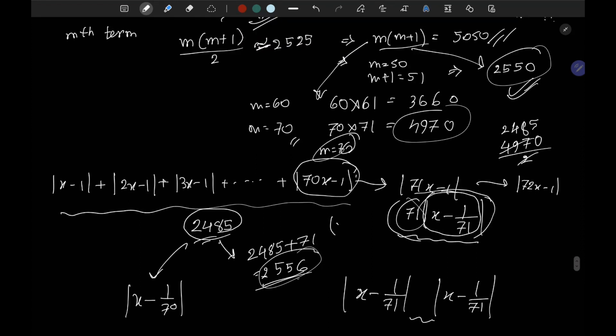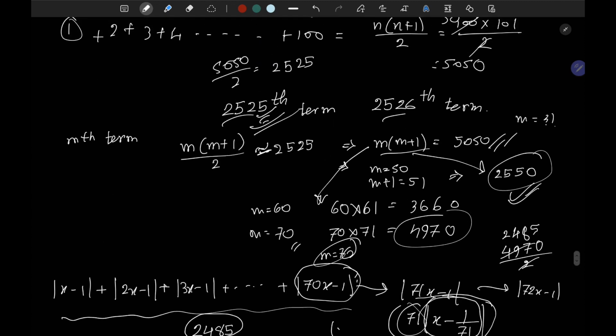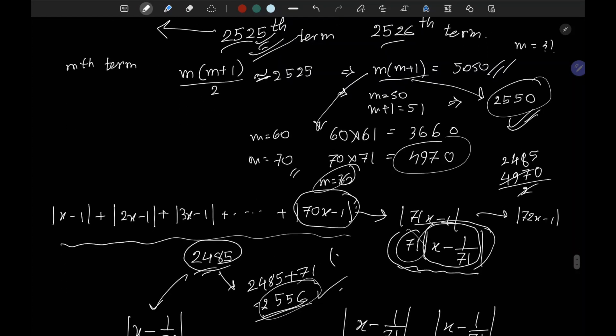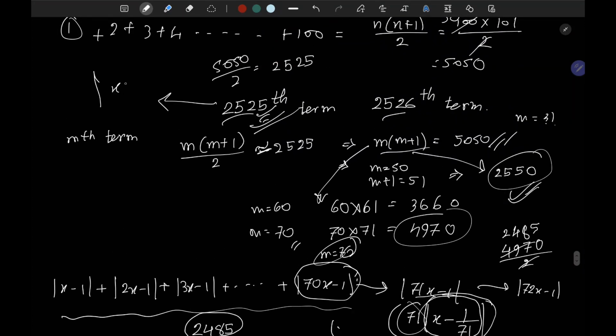That means if your 2556th term is also x minus 1 by 71, then your 2525th term is modulus of x minus 1 by 71, and this term also is your modulus of x minus 1 by 71.